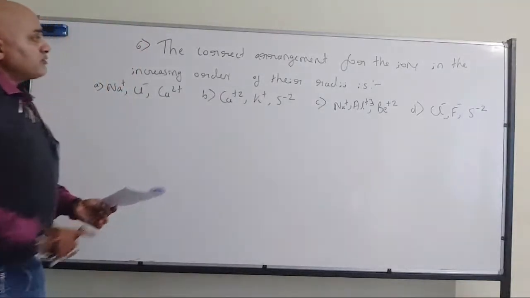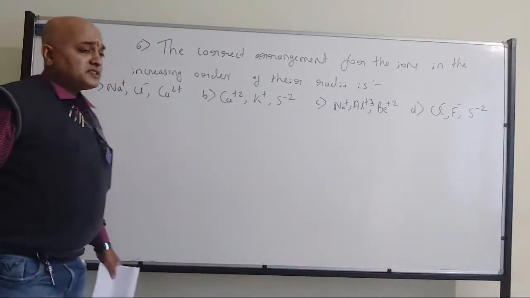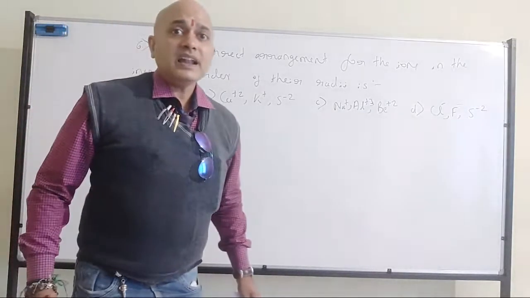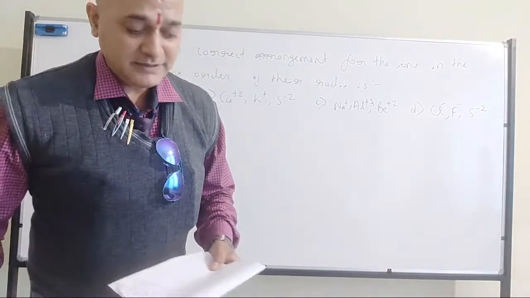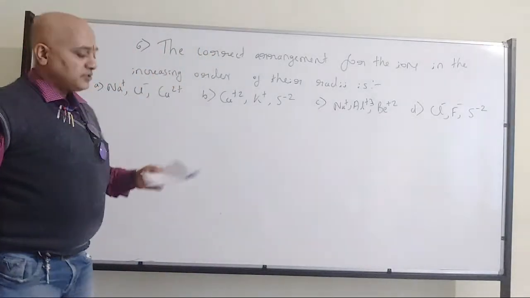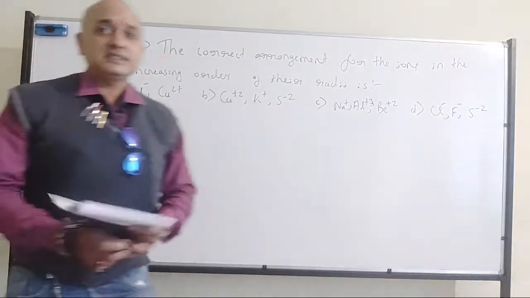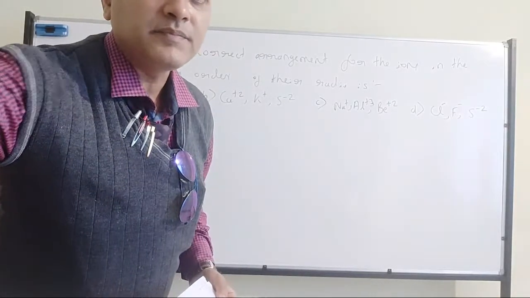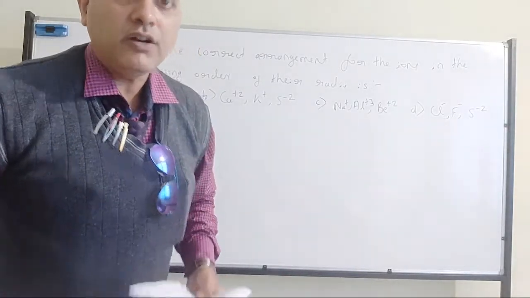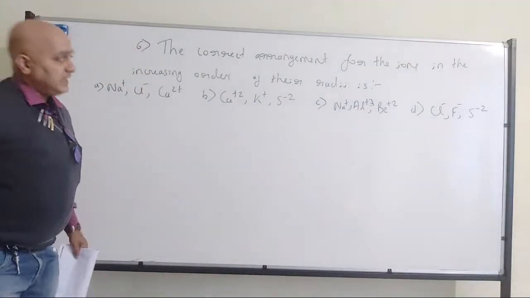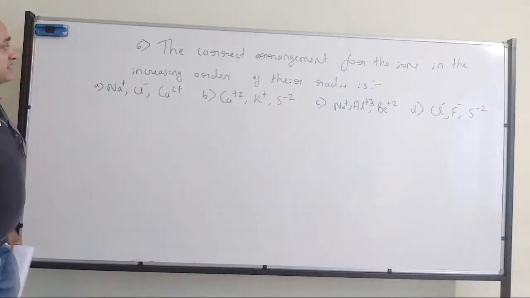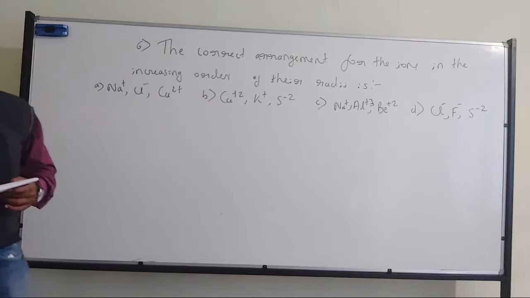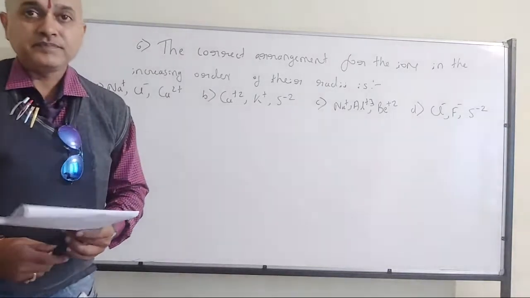Whenever this type of question is there, first find out whether they are isoelectronic species. Someone has written some answer, option B. Okay, we will see. First we should see whether they are isoelectronic species.